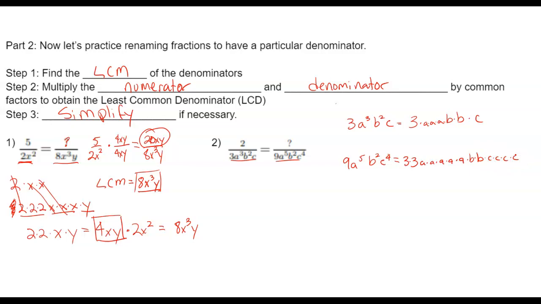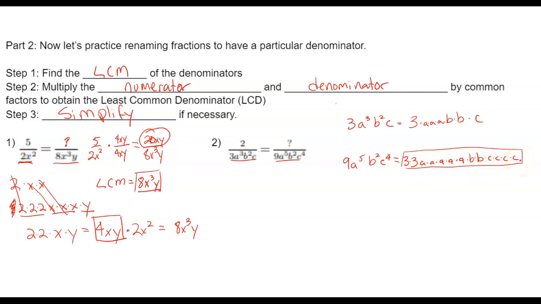And now I'm going to look for their least common multiple, which is the greatest number of a's, b's, and c's. So I have 2 3's, which is the most 3's, 5 a's, which is the most a's, 2 b's, and 4 c's.